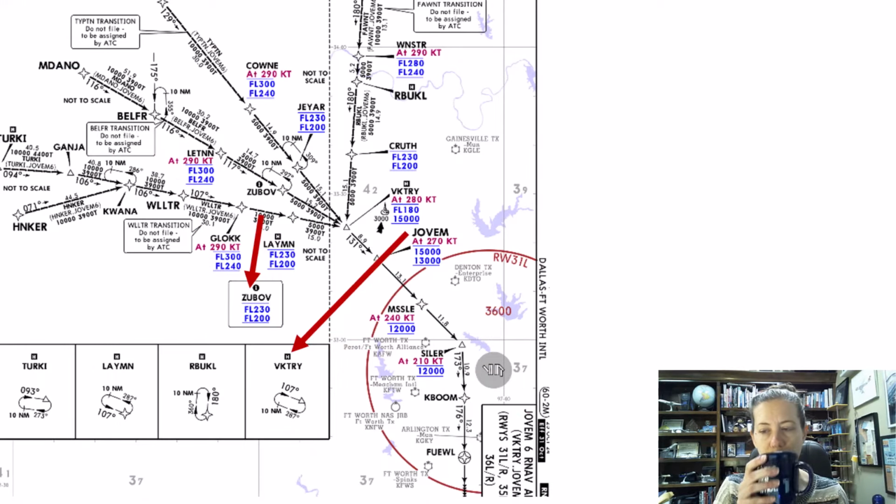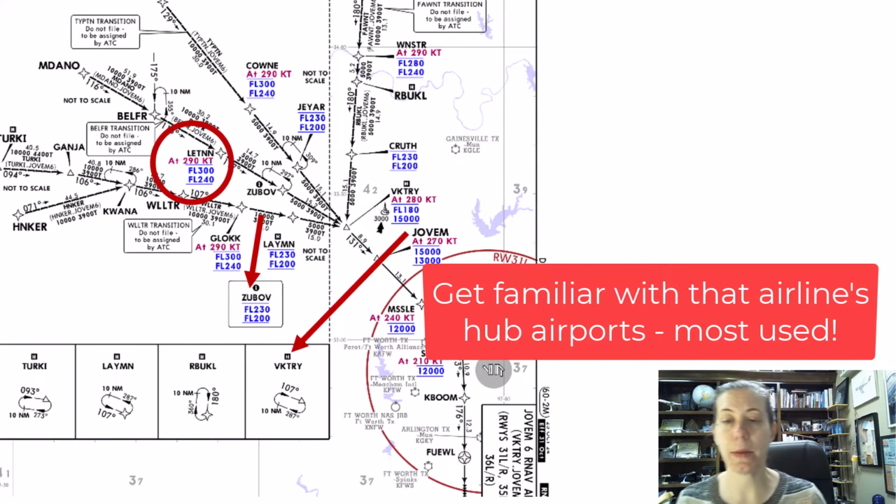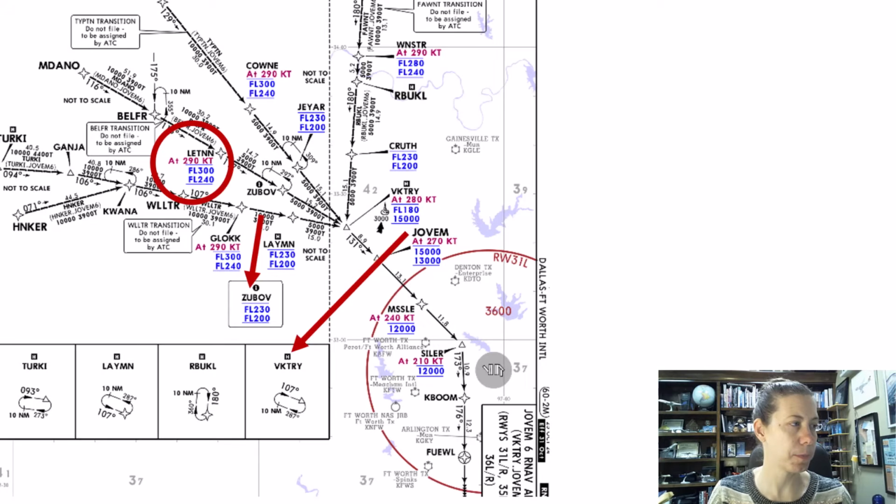So here's a STAR. Like I said, it would be smart to study the airport hubs that whatever regional you're interviewing with might be using, or airports they have a lot of flights to. So first I want to talk about this right here at Letton intersection.